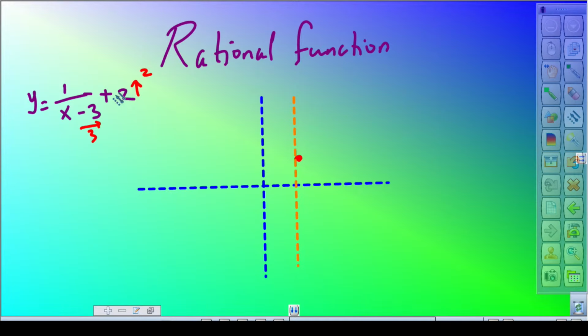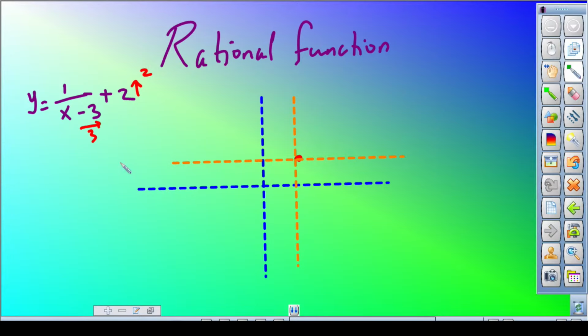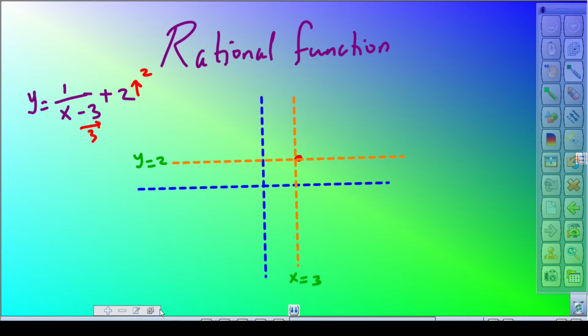It's going to be exactly at y equals 2. So the k tells you the y asymptote, which is at 2. So I have also a horizontal asymptote at 2. This is y equals 2. And this is x equals 3. These are outlines and guidelines for graphing.